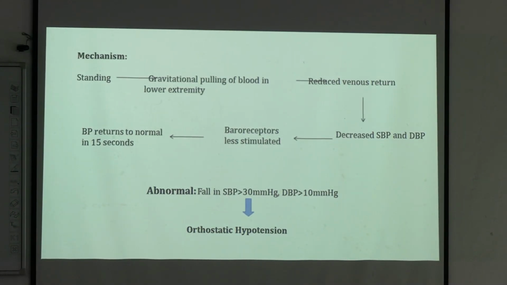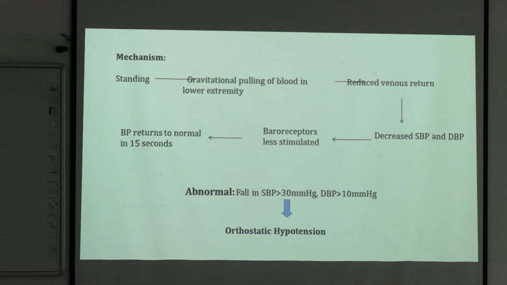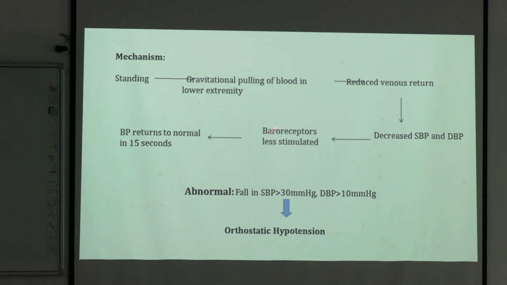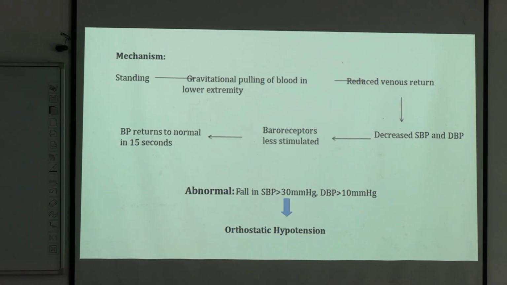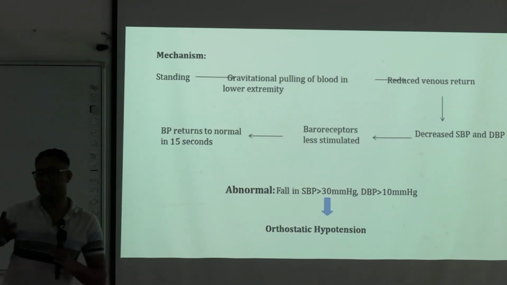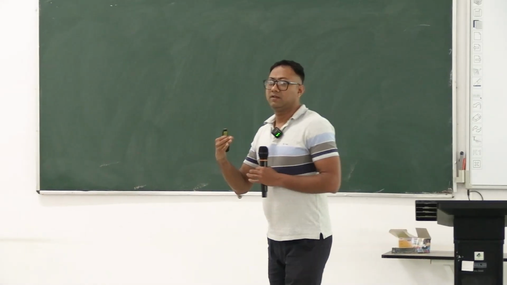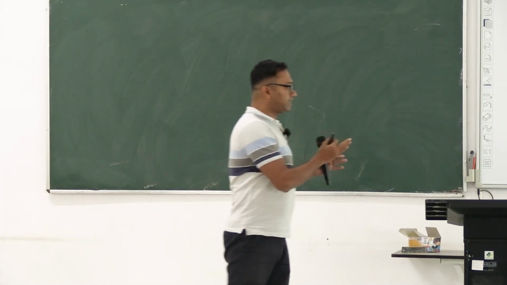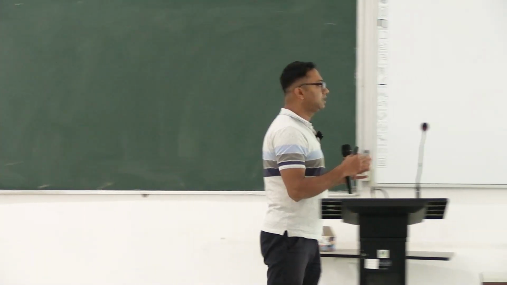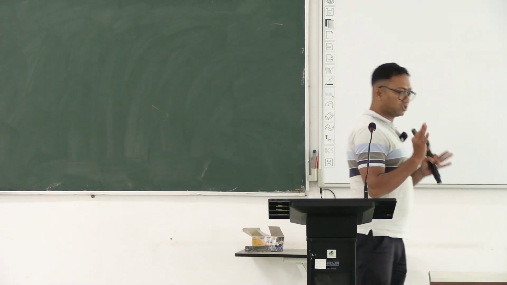So, stroke volume will be reduced, and systolic and diastolic blood pressure decrease. Baroreceptors are less stimulated because mean arterial blood pressure will fall, and blood pressure returns to normal in 15 seconds. This fall immediately after standing is usually below 30 millimeter of mercury for systolic blood pressure and below 10 millimeter of mercury for diastolic blood pressure.